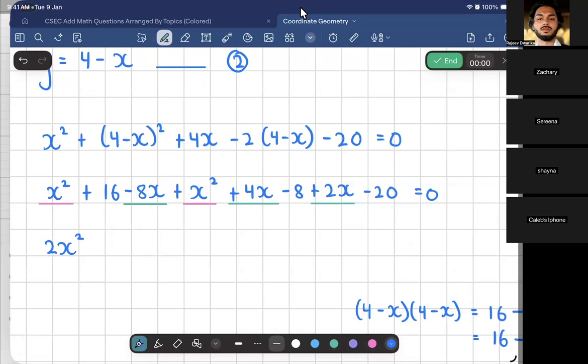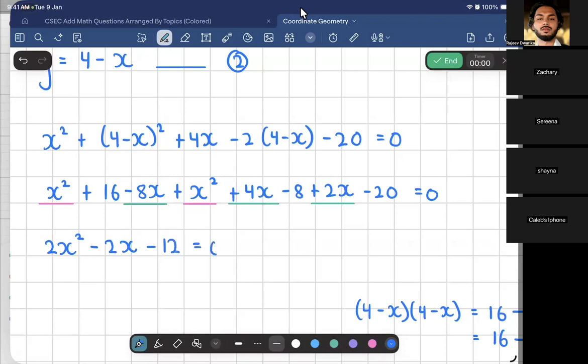How many x terms am I seeing? 3, sir. So it's minus 8 plus 4 plus 2. Minus 2, sir. Yeah, minus 2x. What is 16 minus 8 minus 20? Minus 12, sir. All right, yeah, minus 12.